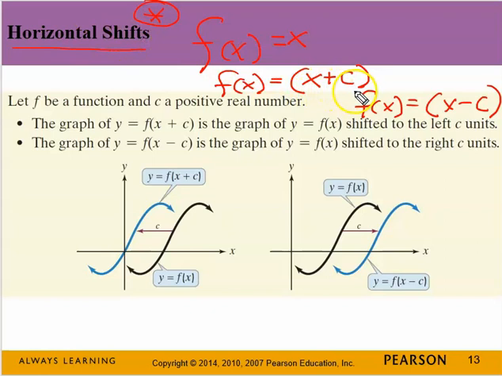So it would look like this, and it looks like we're going to shift it plus 3 units, or c units, I should say, whatever that value is. Now, the tricky part of it is if it says plus 3, we're actually going to shift it in a negative direction. So, in a sense, we might think of this as our x-intercept.